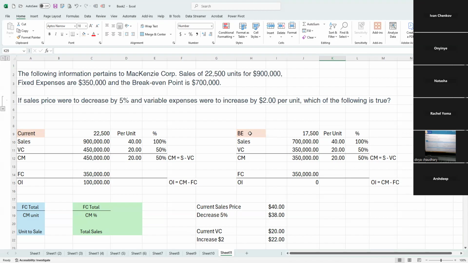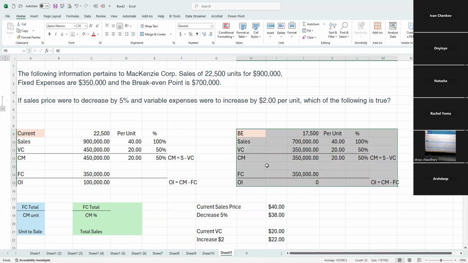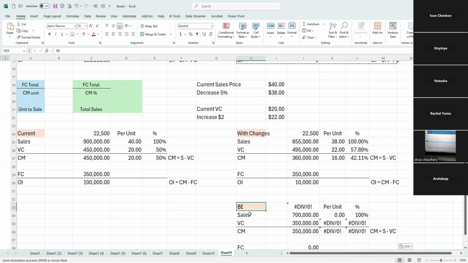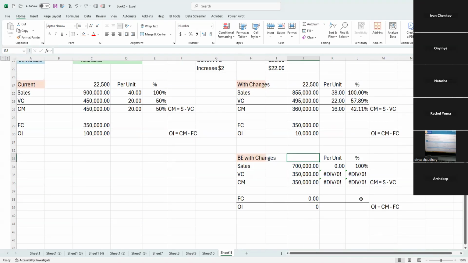Now, the other thing that I can do is calculate the new break even point, correct? What will be my new break even point with the changes? In units or in dollars? Both. We don't know how much will be here, right? So what do we have here? Fixed cost.